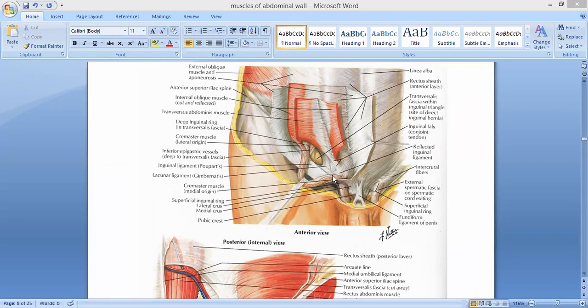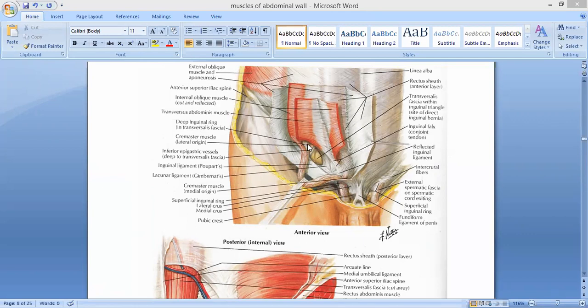And what is its direction? It is directed downwards, forwards, and medially. Right? This is an oblique passage in the lower part of the anterior abdominal wall, just above the medial end of the inguinal ligament, and it is directed downwards, forwards, and medially. What is its extension? It extends from the deep inguinal ring to the superficial inguinal ring.